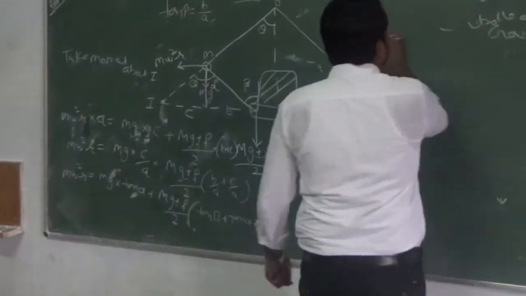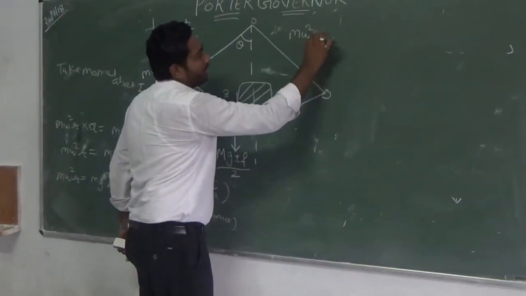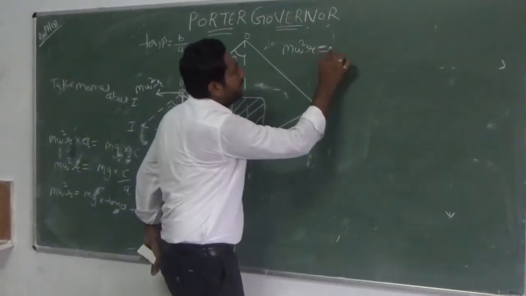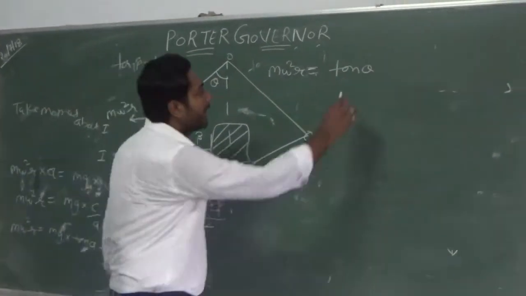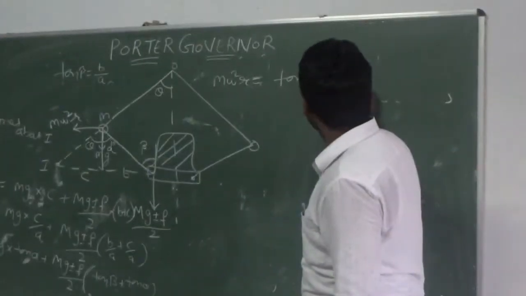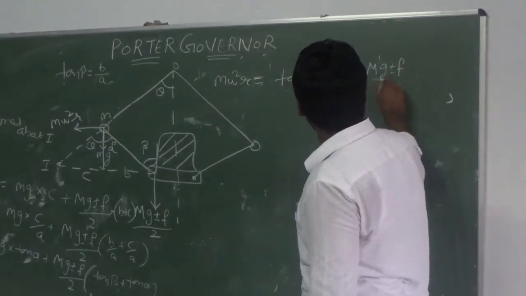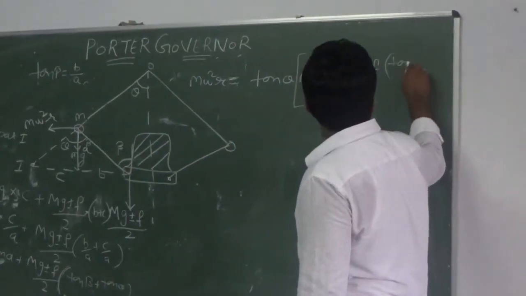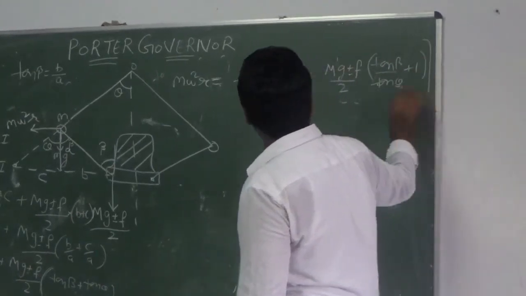Now m omega square r is equal to, if I take tan theta common, then in bracket small mg plus capital MG plus minus f by 2 into tan beta upon tan theta plus 1. Understand?